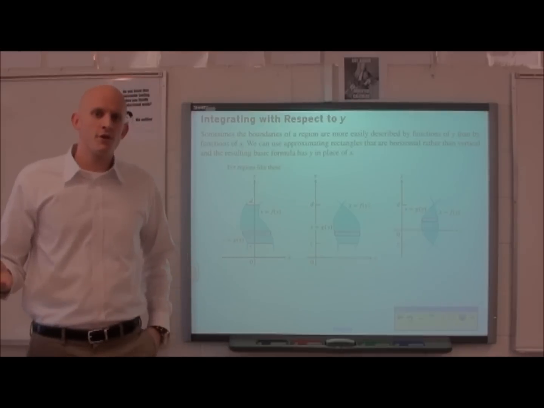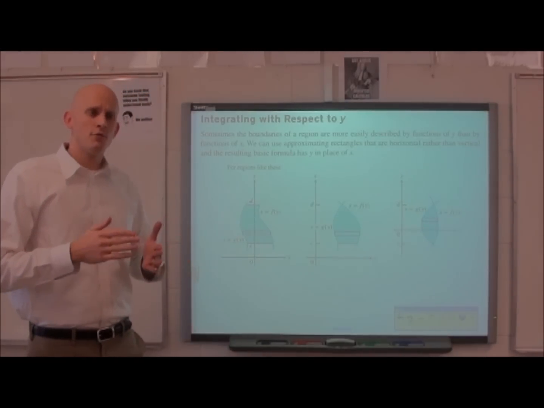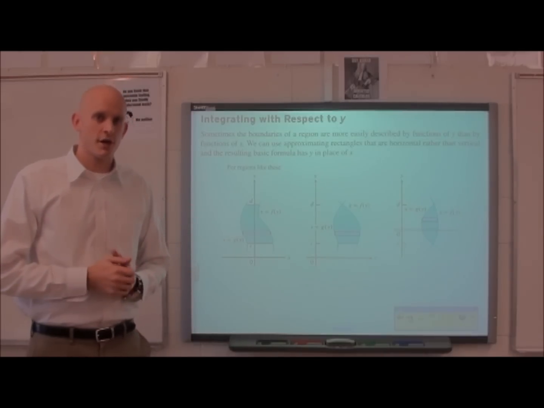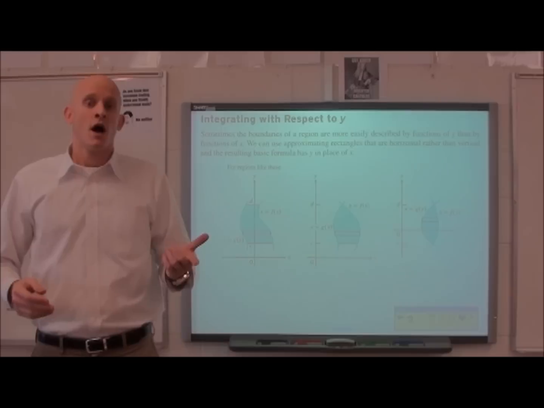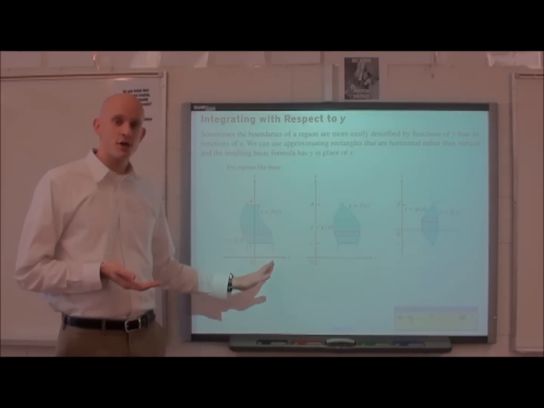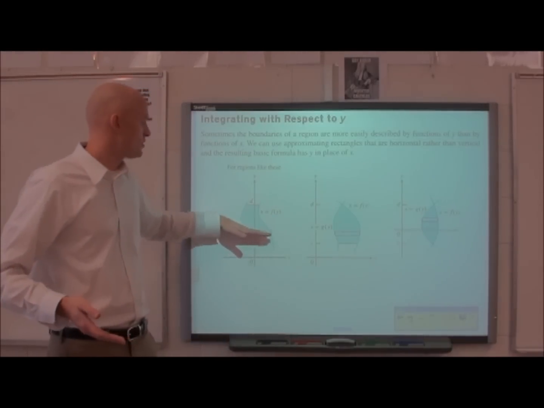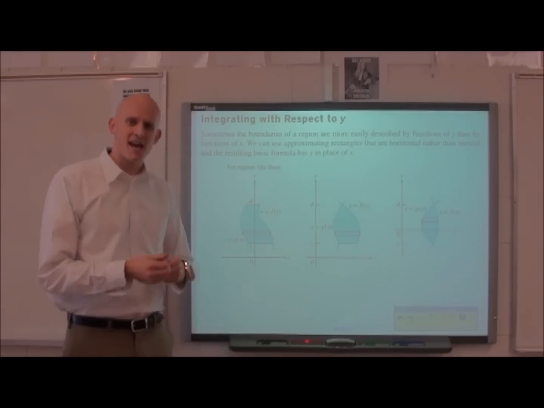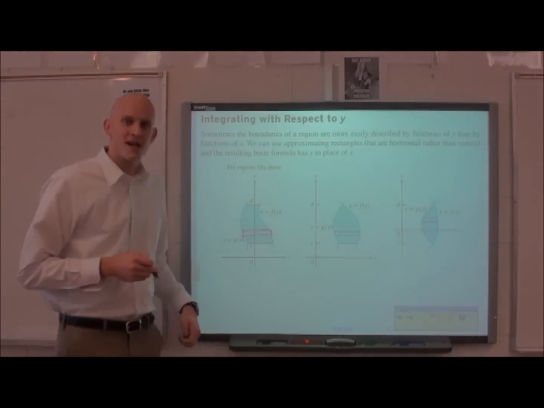Okay, so when we run into a problem where we have to find area between two curves, where top minus bottom doesn't necessarily work, there are other options for us to consider. And this introduces us to integrating with respect to y. When you have two curves that are better defined by a right curve and a left curve, we can integrate with respect to the y values, or the y-axis, which will make the rectangles that we're using to approximate horizontal.